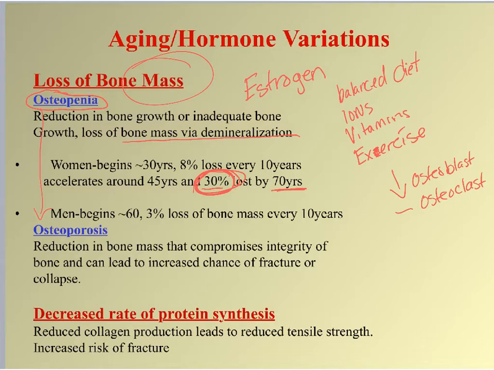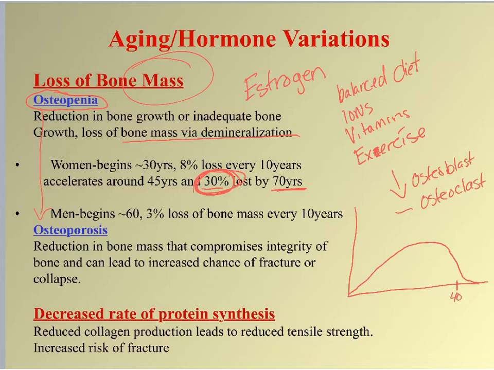So, my graph isn't going to be very good, so excuse me. If this is kind of a graph of women's estrogen over their lifetime, this point right here would be somewhere around 40, where estrogen starts to dramatically dip, and that's what causes that bone loss.